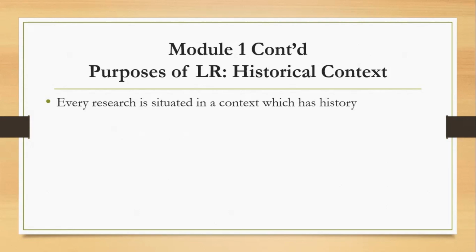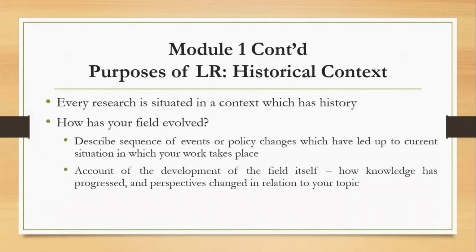So when you do a very detailed literature review, it will help you to situate your research within the historical context that you're working in. And so your literature review should be able to help you to describe or discuss a series of events which has led to the current research that your work is going to take place in.